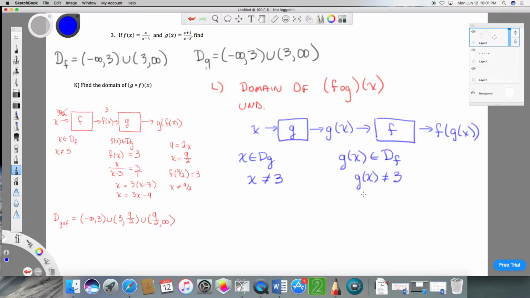So we have to temporarily let this equal 3. And g of x, remember, is x plus 1 over x minus 3. We have to find the solution to this equation and then make sure that we throw that out of the domain.